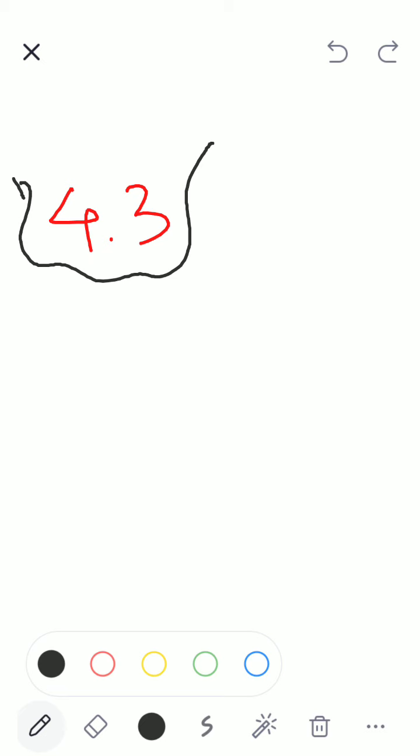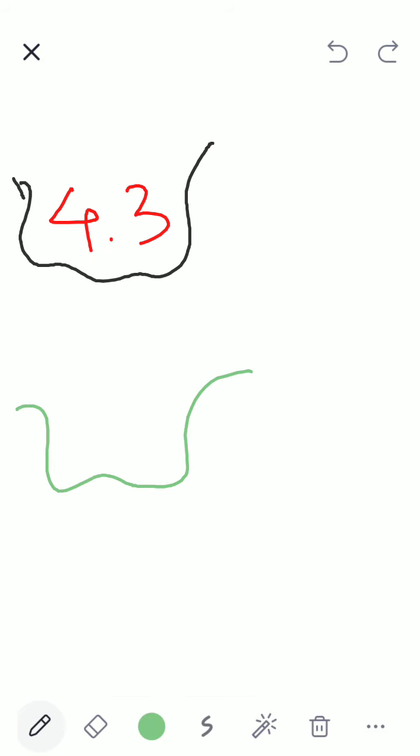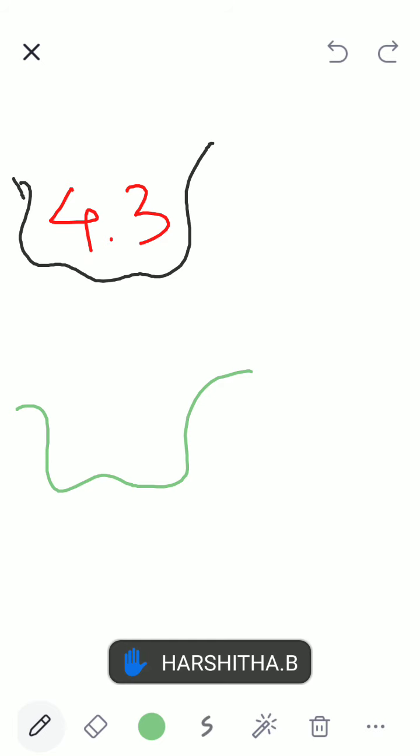Suppose this decimal is in another bag, and I want to convert it into the fraction bag. How will I convert this? Children, I taught you how to convert a decimal to fraction form when it is non-recurring and terminating. This is non-recurring and terminating.